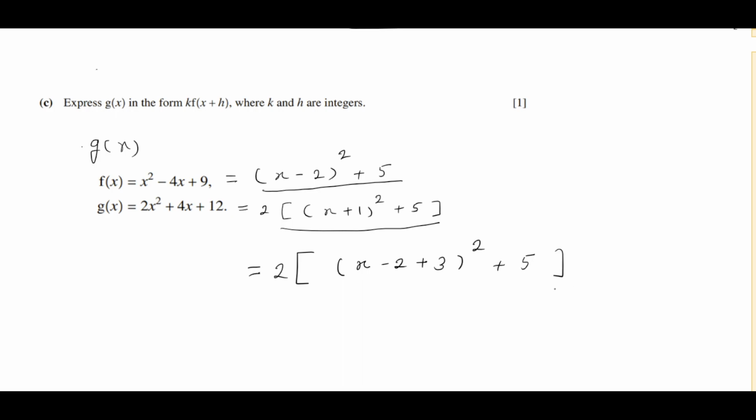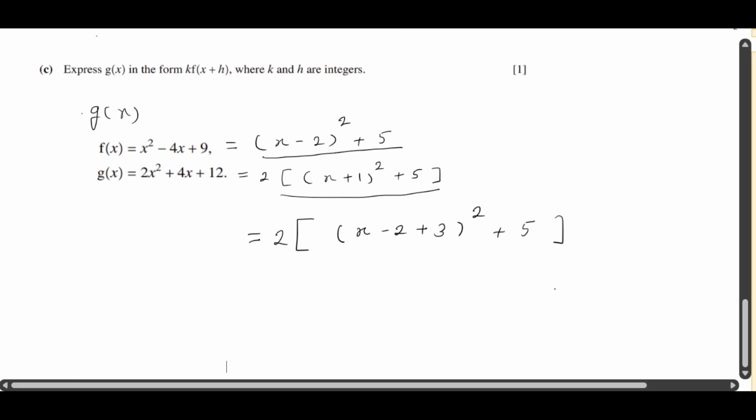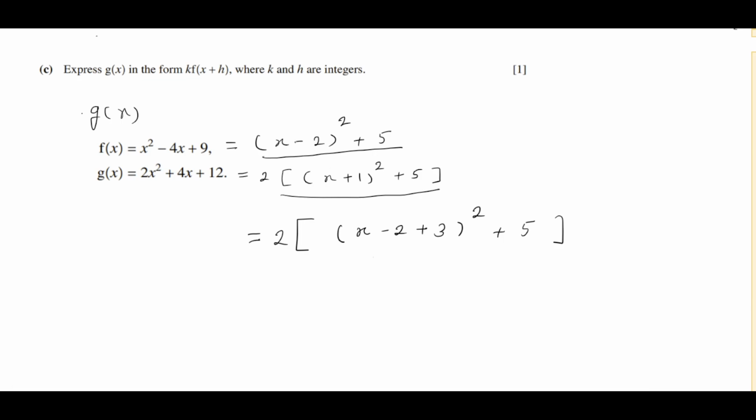Okay. Now f of x, this part. This part means f of, this part is f of x plus 3. Okay, x plus 3. So I can say that, okay, 2 times f of x plus 3. Now why am I saying that this is x plus 3? Because see, this x is replaced by x plus 3, that's it.